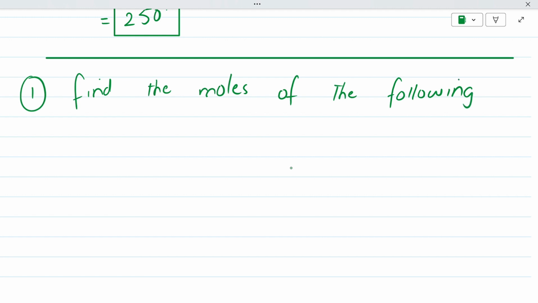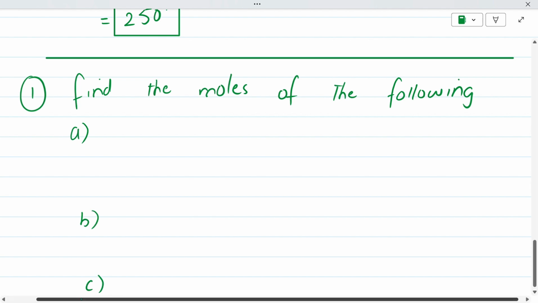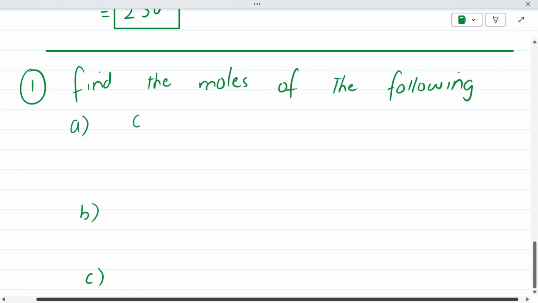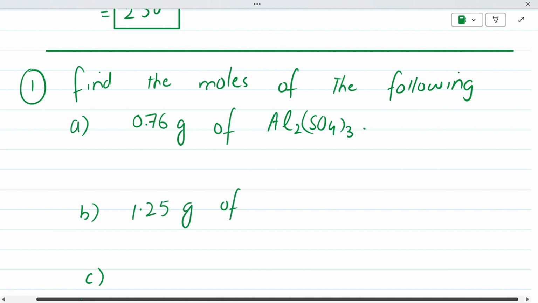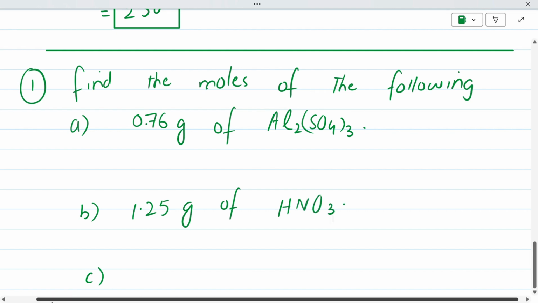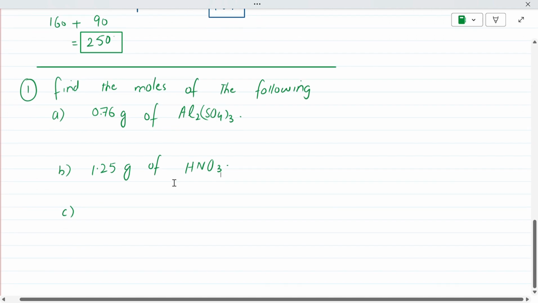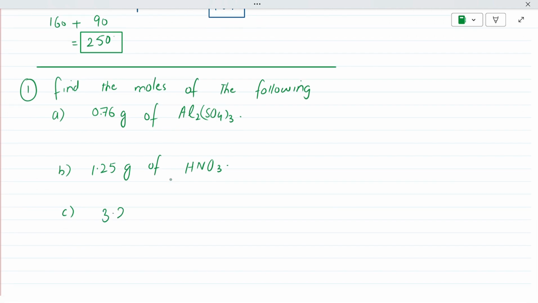For part A, let's do 3 questions for practice: 0.76 grams of aluminum sulfate, 1.25 grams of nitric acid, and 3.26 grams of copper oxide.